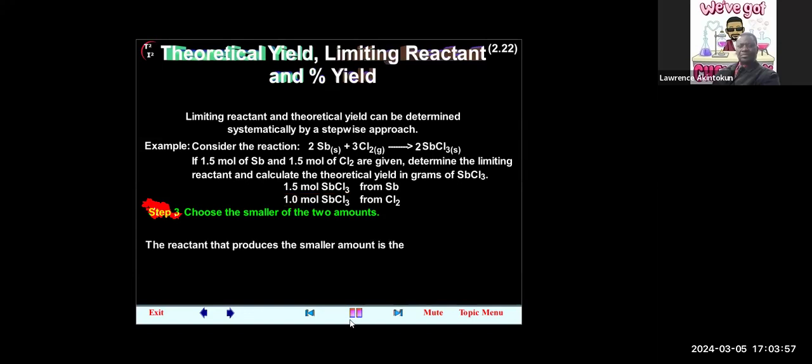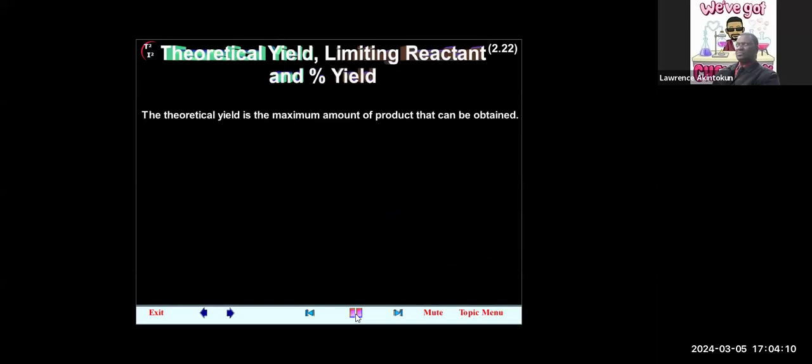The reactant that produces the smaller amount is the limiting reactant. Here, Cl2 is the limiting reactant. The theoretical yield is the maximum amount of product that can be obtained. It is assumed that all the limiting reactant is converted to product.